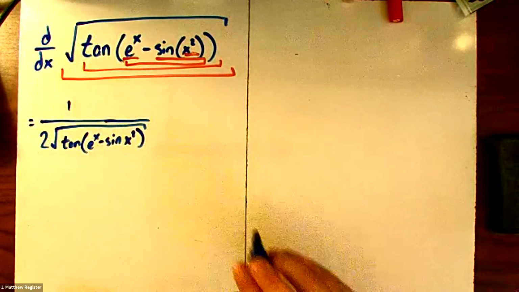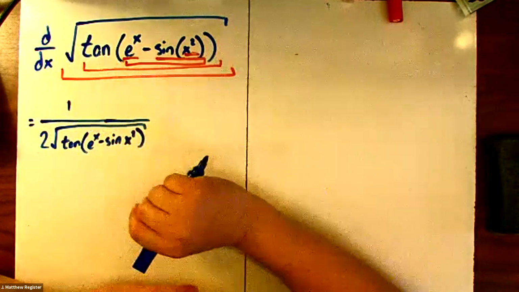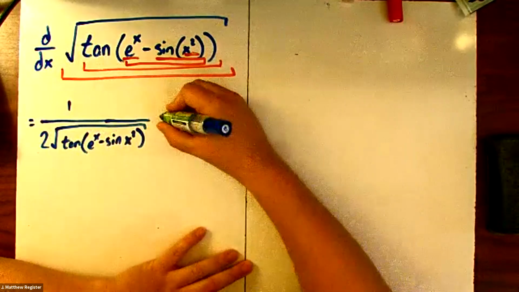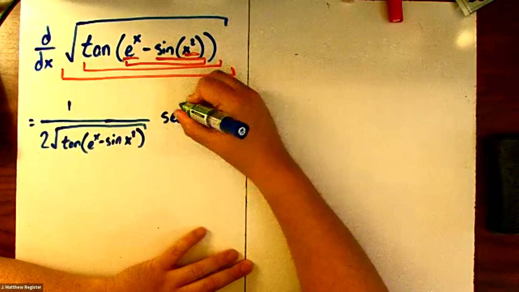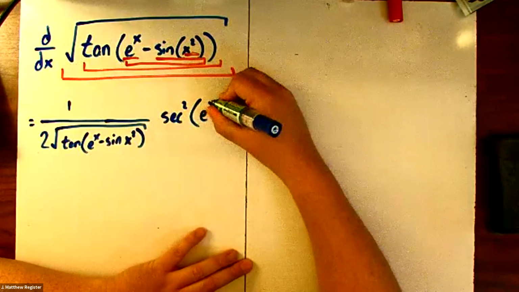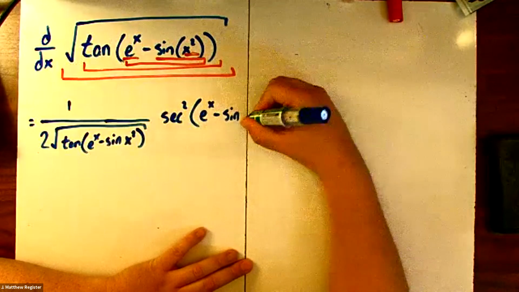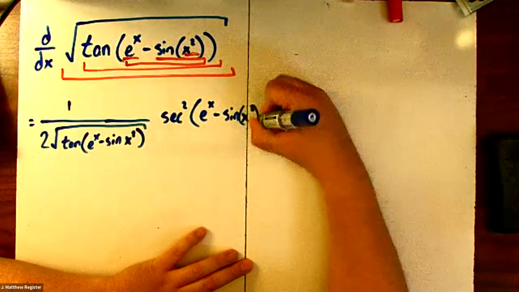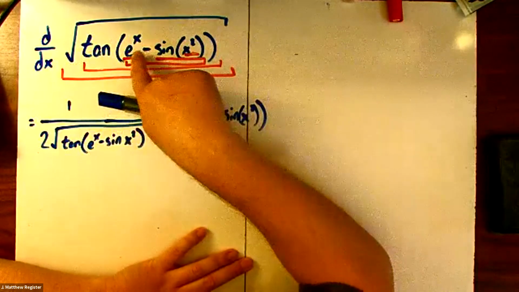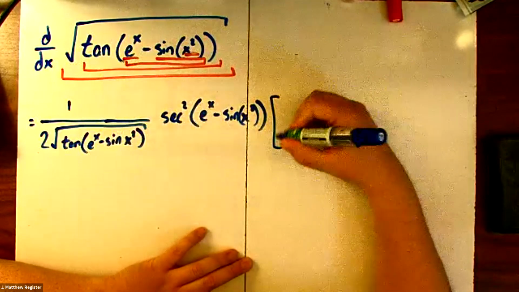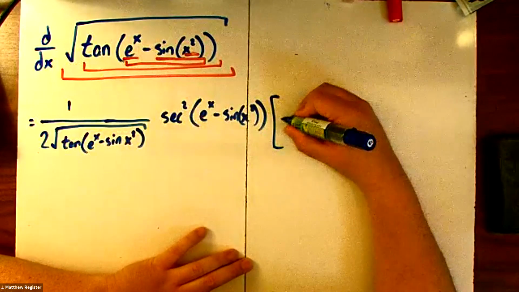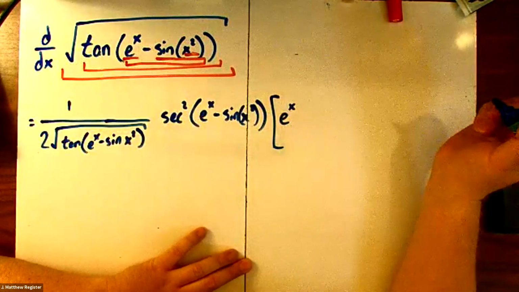Now we multiply by the derivative of that interior stuff. And so the derivative of tangent is secant squared of stuff. Now that interior bit was the difference of two things. The first bit was e to the x, and the derivative of e to the x is e to the x.